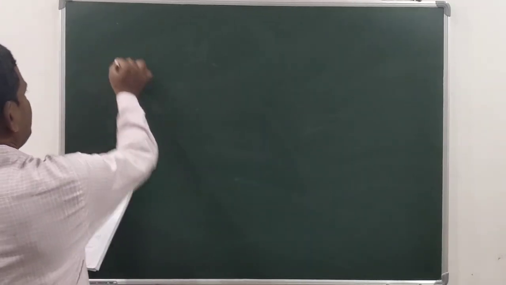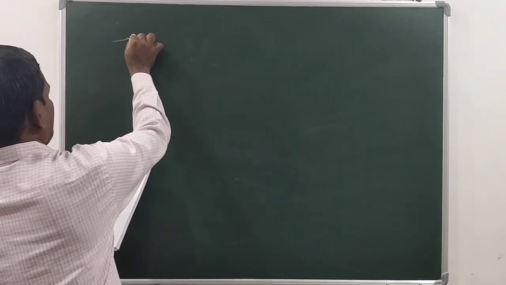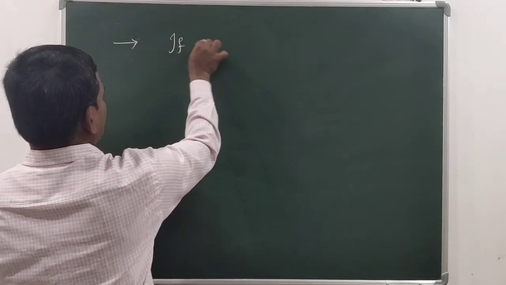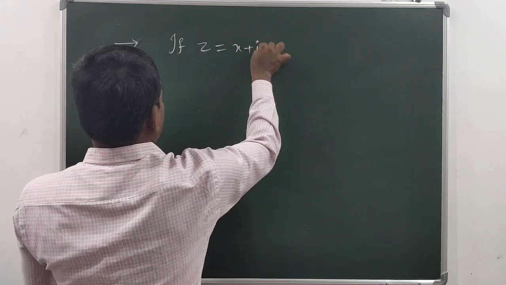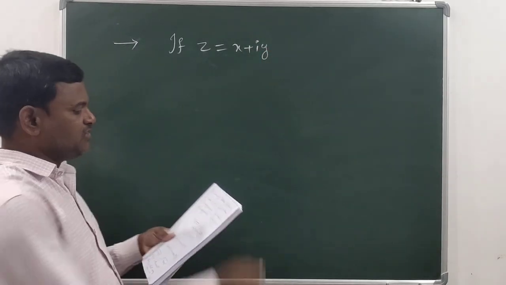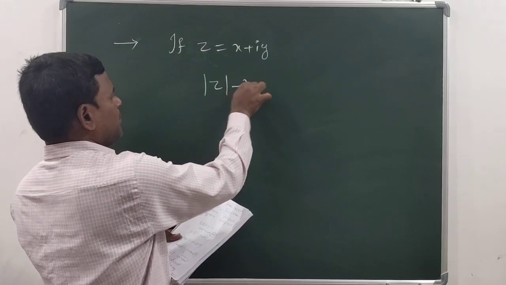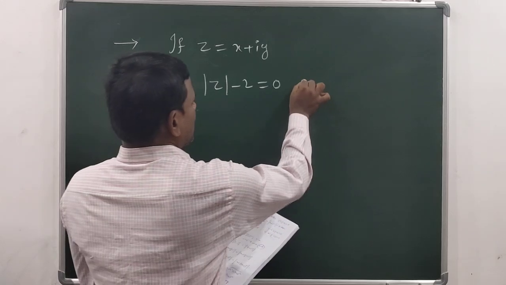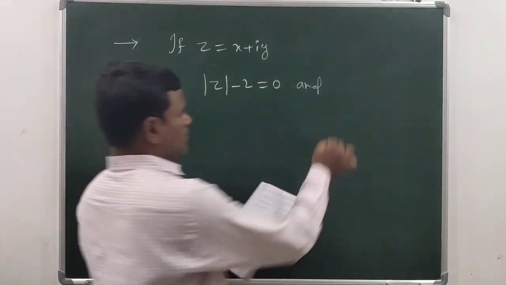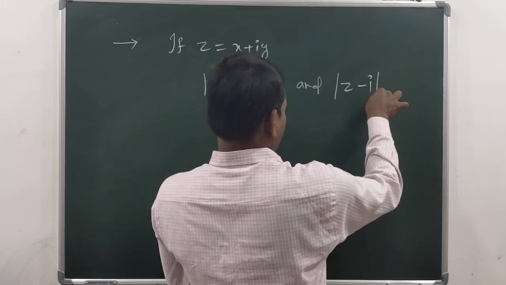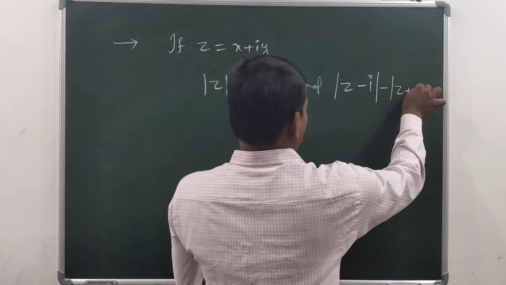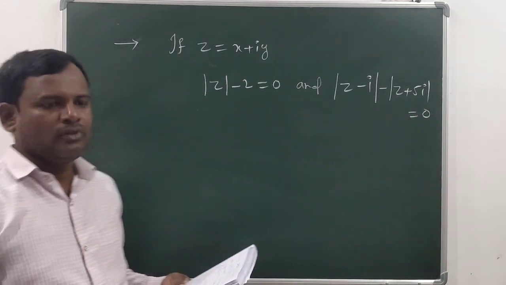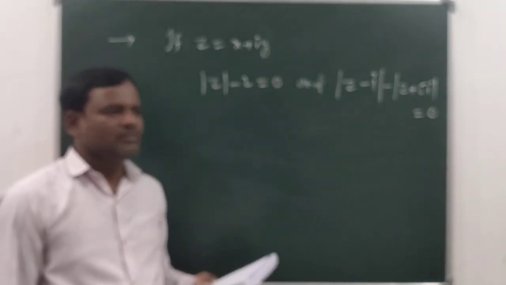If z = x + iy satisfies |z| − 2 = 0 and |z − i| = |z + 5i|, then which of the following is true?